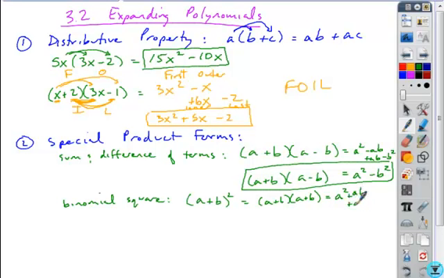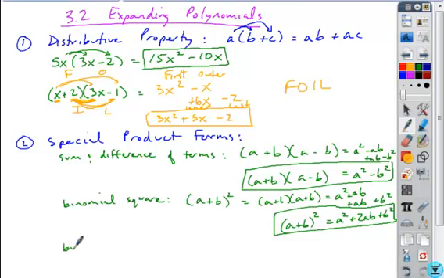Your inner terms are going to be the exact same product, right? Plus ab again, and then your last terms are b squared. And so when you simplify this, you get a squared plus twice the product of the terms plus b squared. So your binomial square expansion pattern looks like this. It's the first term squared plus twice the product of the terms plus the second term squared.